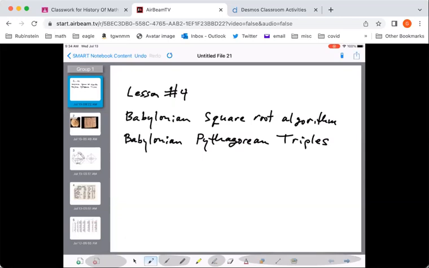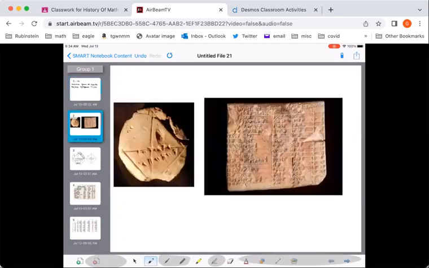If you look at the screen here, you can see that I have a picture of 2 artifacts. One's a tablet, and one looks more like a rock. But these are the 2 most famous mathematical artifacts from ancient Babylonian times.